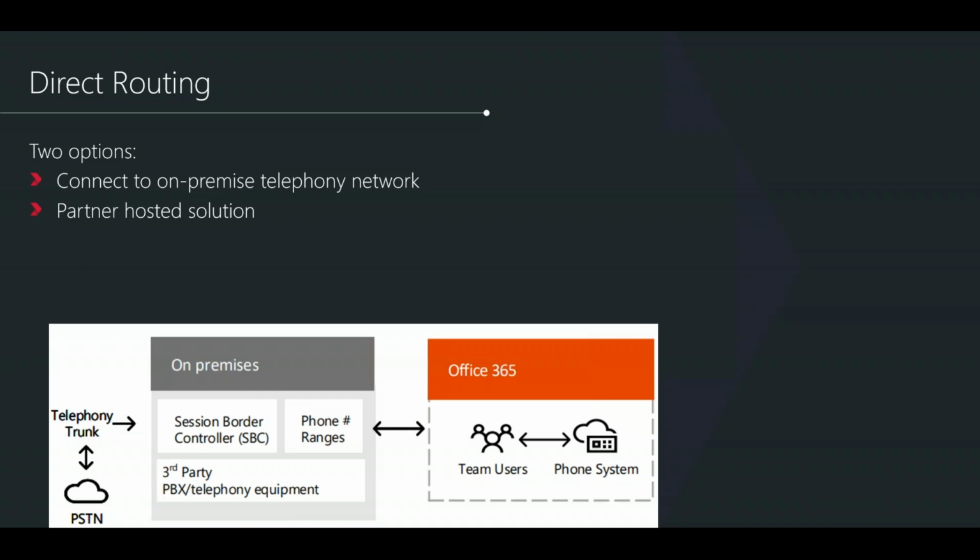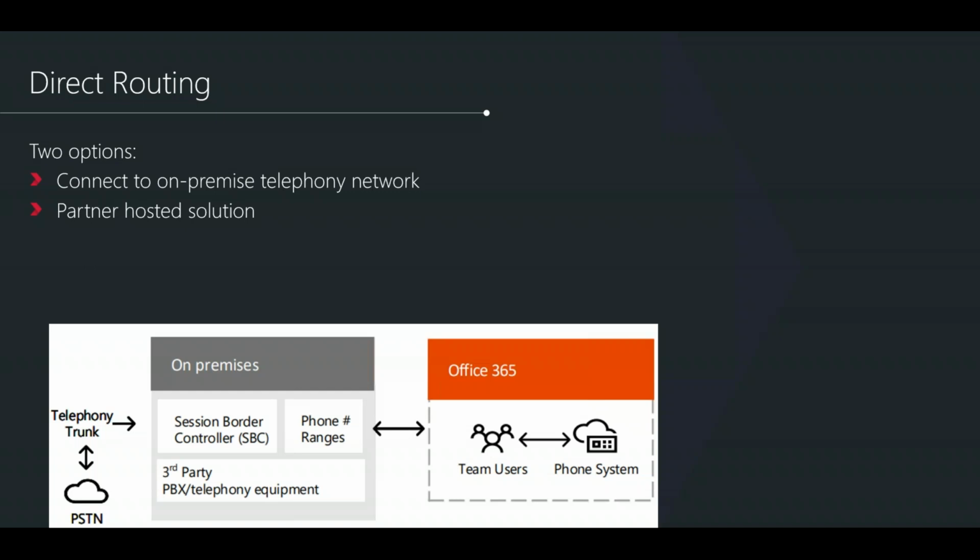It will either go, this user or this number is a legacy on-premise PBX number, and send the call down to your telephone system. Alternatively, it will go, actually this user has been migrated across to Teams, and send that call up into the Microsoft 365 cloud. That call will then go through the routing services in Microsoft and be presented to the user's Teams clients.